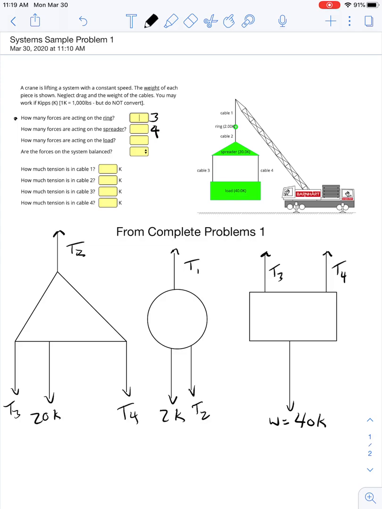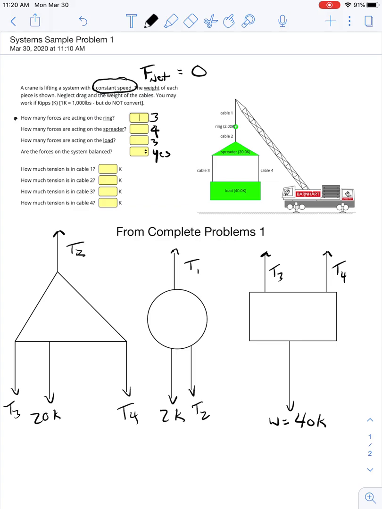So you can see there are 3 forces acting on the load. Are the forces on the system balanced? Well, the system is moving with constant speed, and so therefore the net force is equal to 0. We have no acceleration, and yes, the forces on the system are balanced.